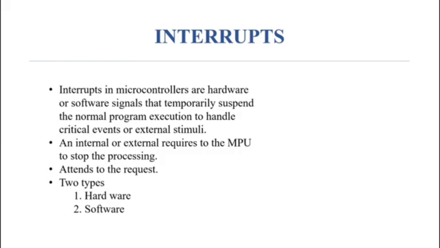It disturbs the program when it is going on in the microcontroller. To handle these interrupts, we use some methods, and these are external interrupts and internal interrupts. External interrupts we cannot avoid. Internal interrupts are those which are involved in the code or in software.